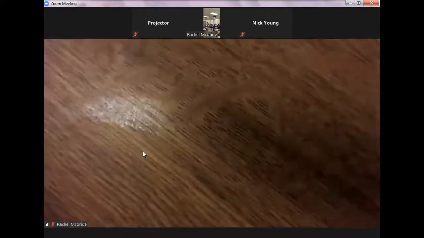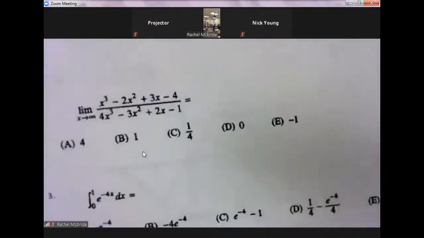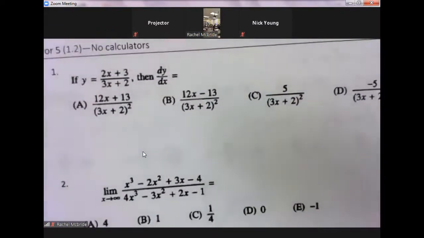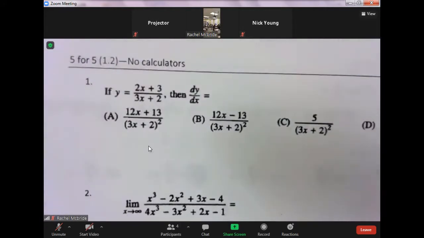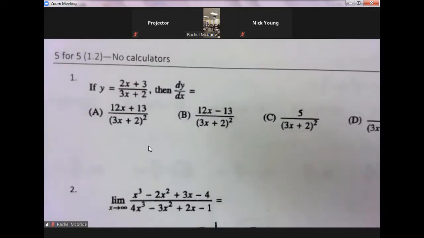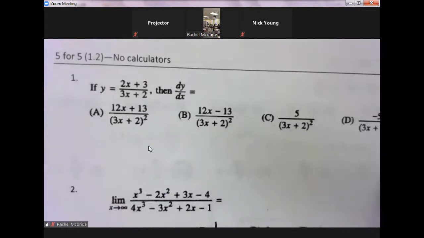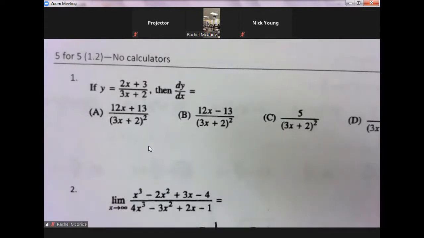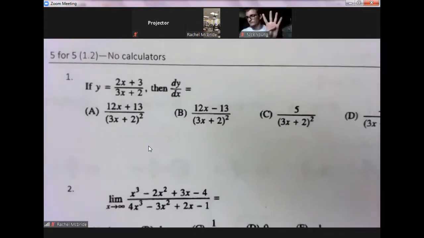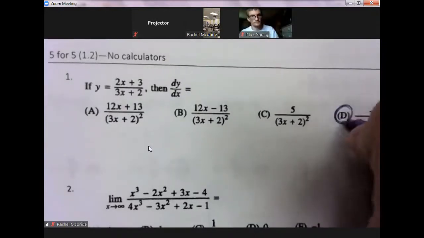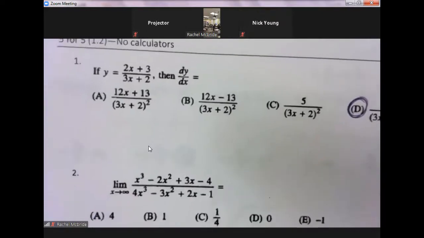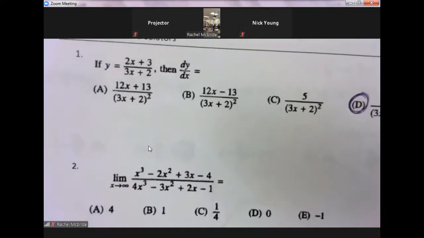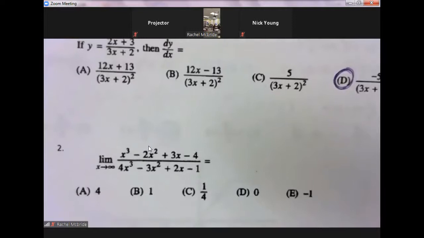Okay, let's see how we do on part 2. Okay, number 1. We get A, B, C, D, or E. Okay, good. Excellent. Correct answer is D. 83% of students got that one correct. I think we were even higher than that.